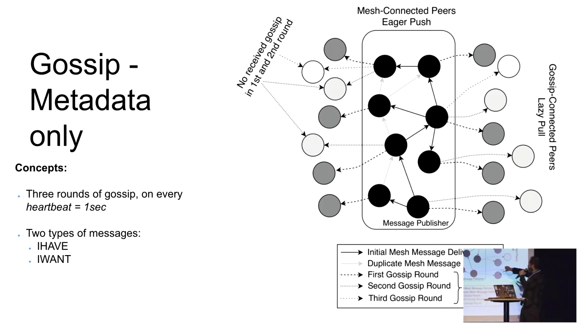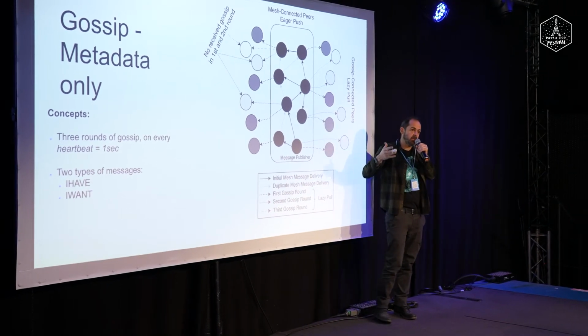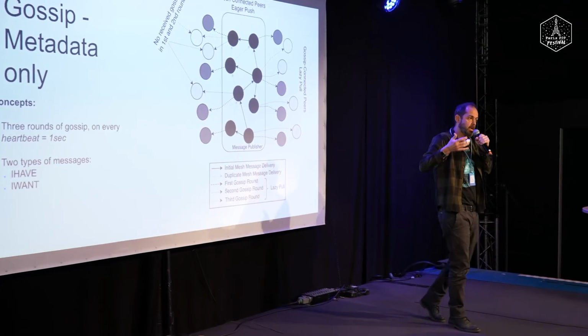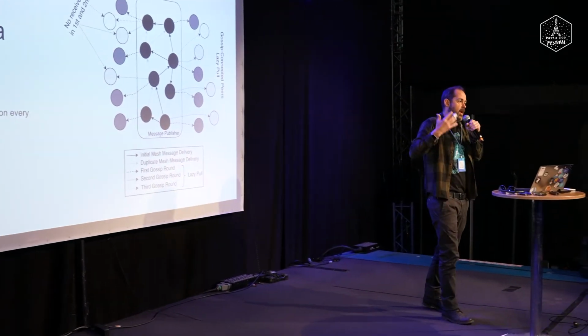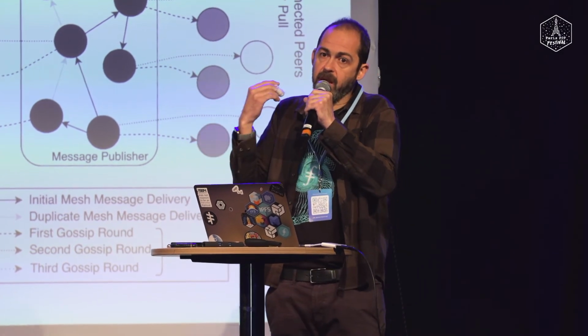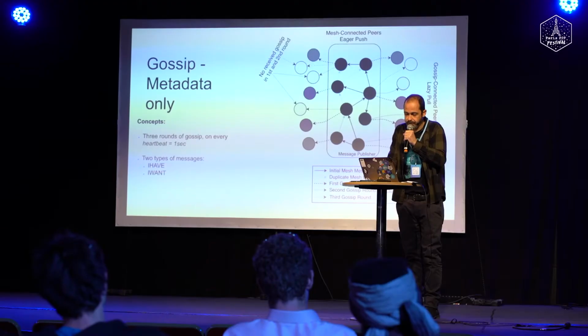If that node sees that they don't recognize the header they have just received, they go back to the node that gossiped the message and say, okay, send me the full message because I don't have it. I don't recognize this header, right? So this is where the lazy pull comes from. It's pulling the message. It's initially only hearing the header of the message.